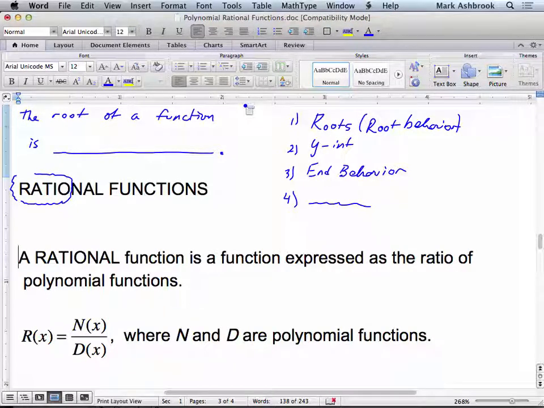So root, 0, or x-intercept could be interchangeable there as what we're defining. Okay. So the root, or the 0, or the x-intercept of a function is, can you write out a phrase that precisely defines what a root is? Everyone give it a shot. You should be able to.